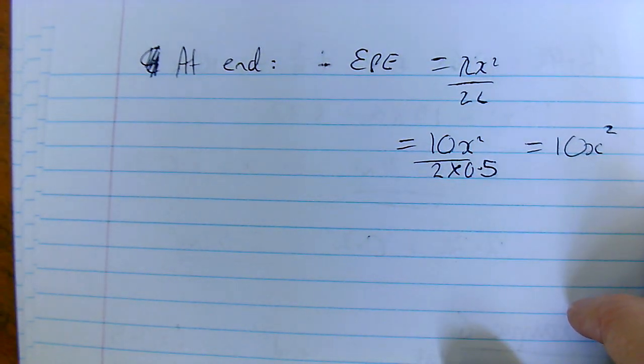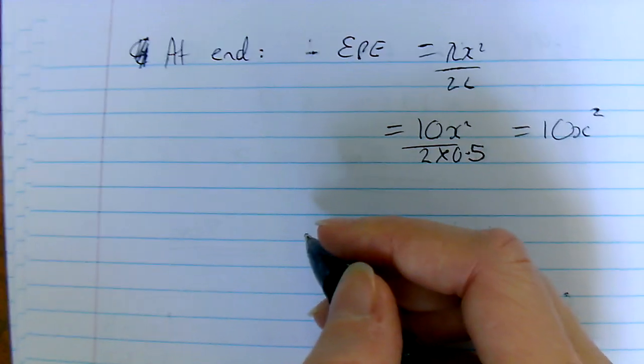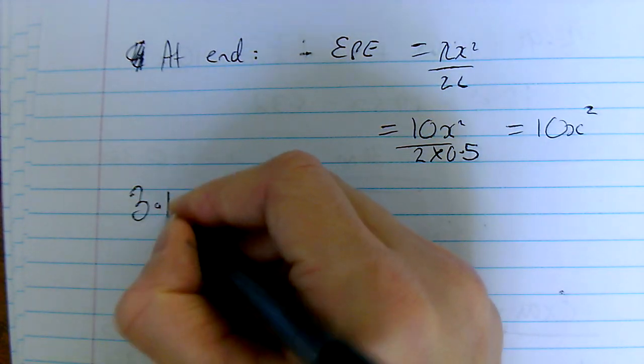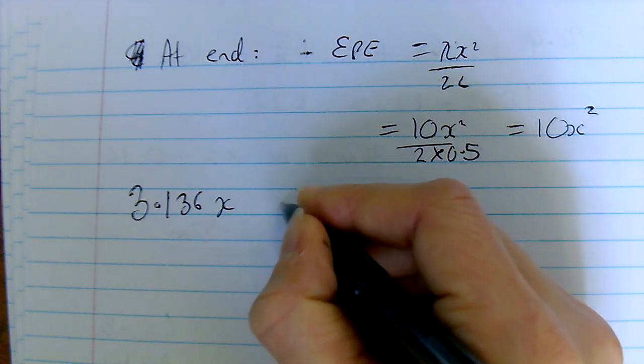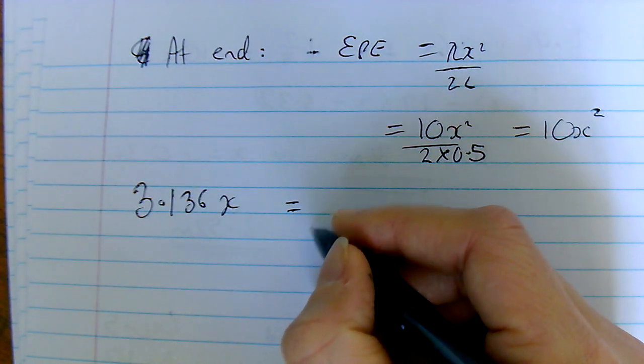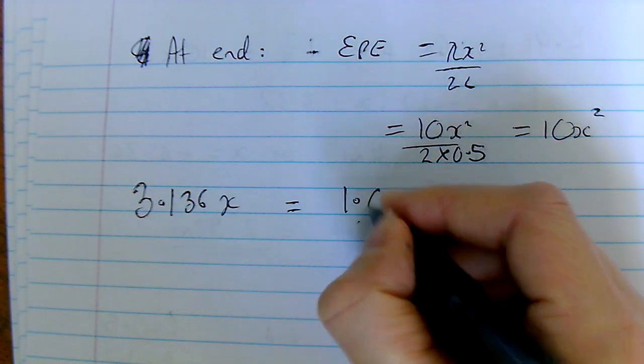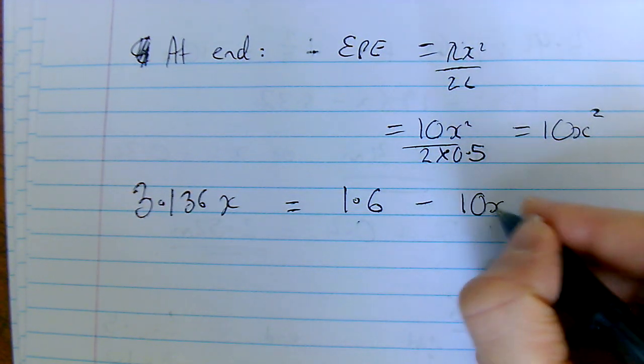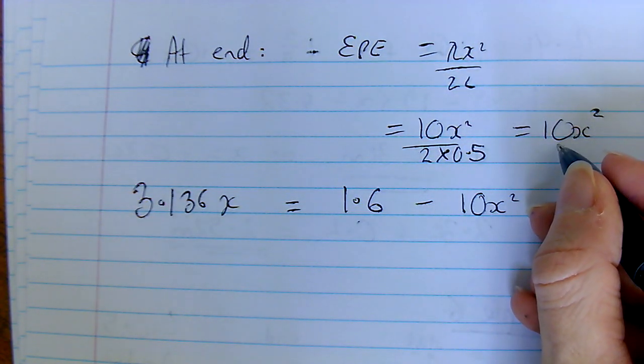Okay, now using the work energy principle, we can say work done equals the change in energy. So that is the energy at the start, which is 1.6 from the kinetic energy, take away the energy at the end, which was the elastic potential energy.